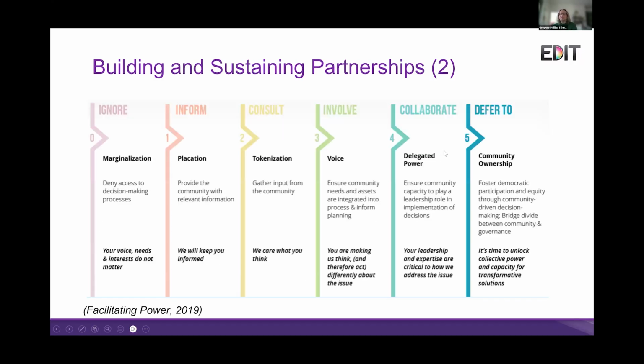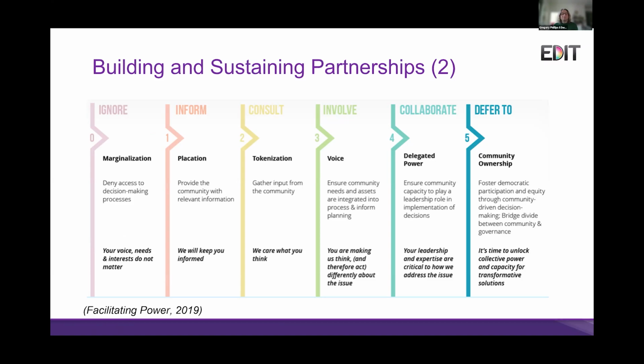This is my favorite community engagement spectrum that I use in my classes and other lectures about how we think about engaging with the community. We can see everything from completely ignoring the community on the left all the way to deferring to them.